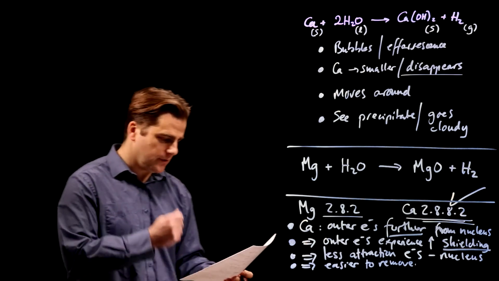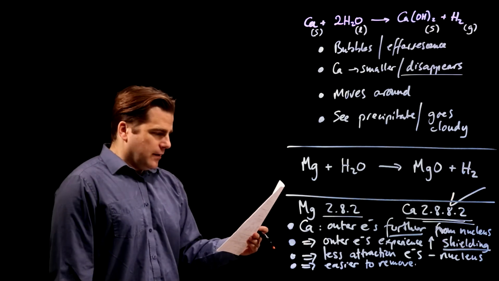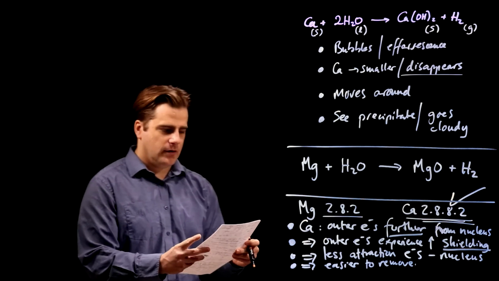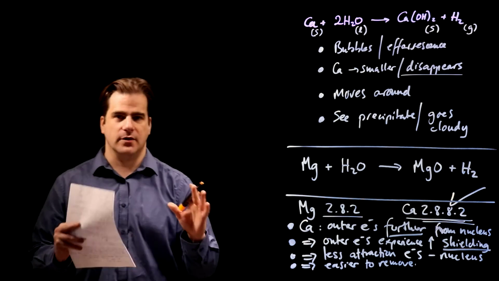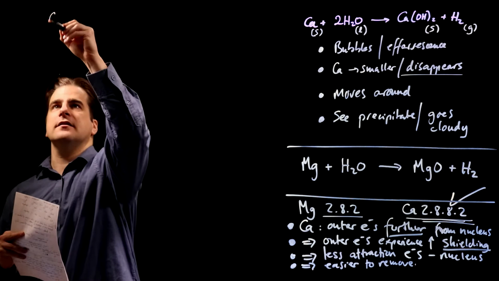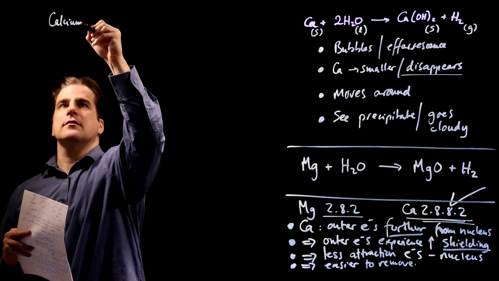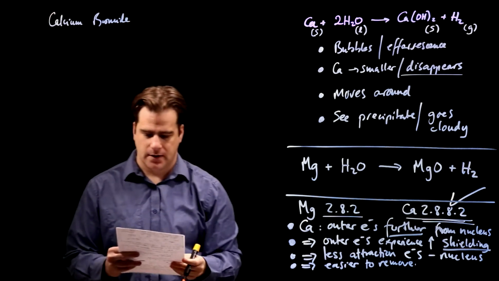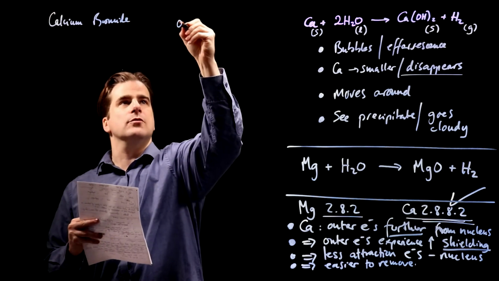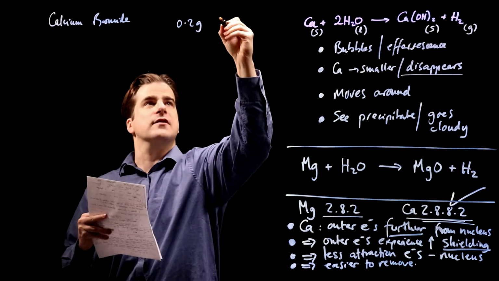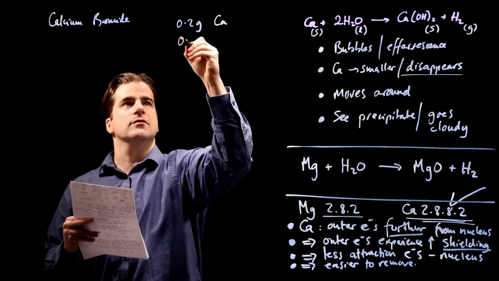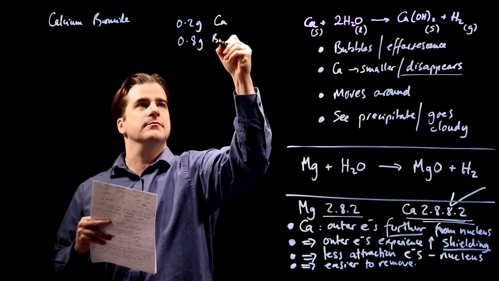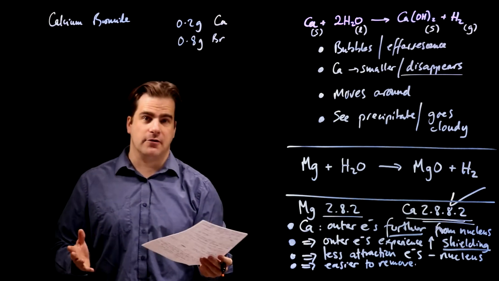Okay, right. What's next? Right. So we're told that calcium bromide contains 0.2 grams of calcium and this sample 0.8 grams of bromine, and we have to calculate the empirical formula.